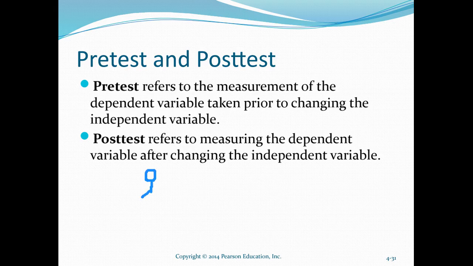For example, we're trying to see the effect of a training on the employees' behavior. First of all, we would like to see what is their understanding of the phenomena before the training has been conducted, and then we will see how the training has affected their behavior.